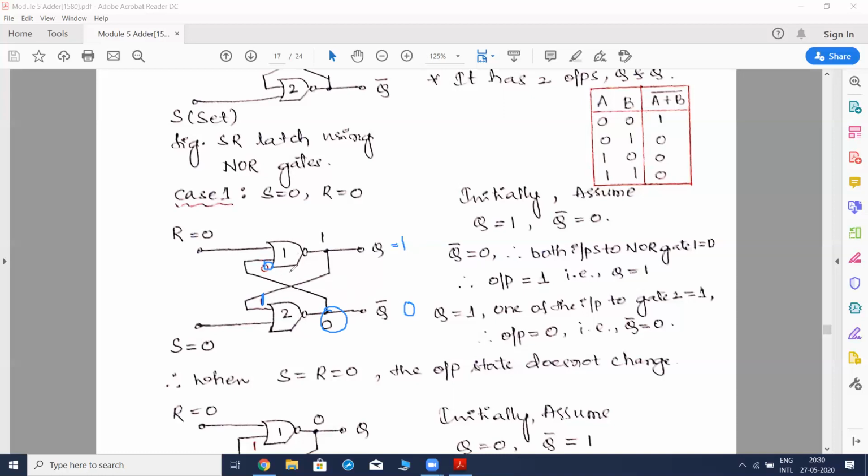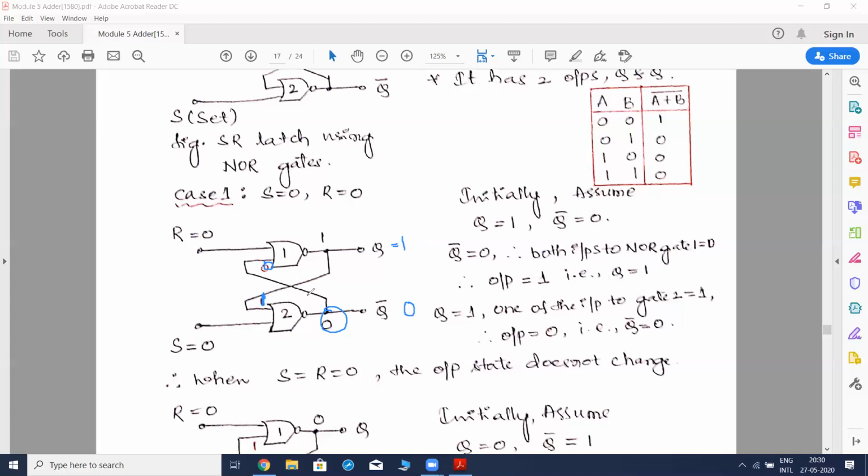Are you understanding how we are supposed to do the analysis? We have to start from the gate wherein the input is 1. From there we have to start. Here we have assumed that the initial condition is Q as 1 and Q bar as 0. So we'll start from this particular point.